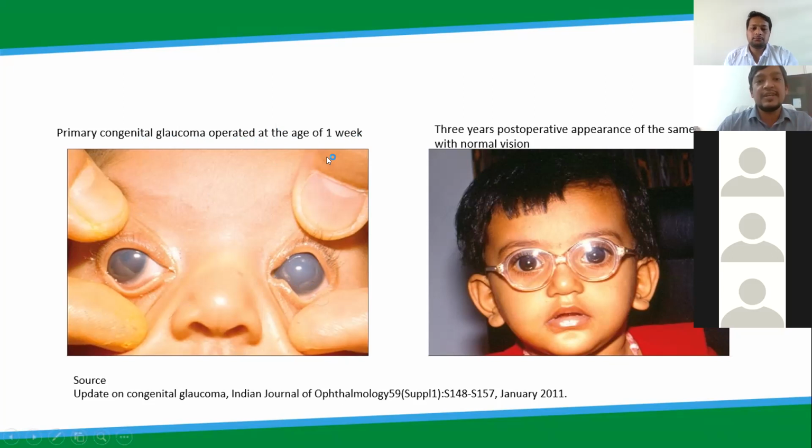This child was operated on at the age of 1 week for pediatric glaucoma, and now the same child, at 3 years of age, is doing wonderfully. Suppose the same child had been left untreated, they would have been blind, and they would have had to remain with their blindness throughout their life.